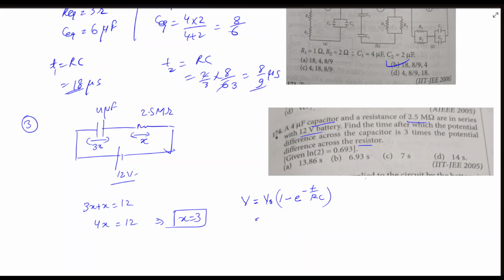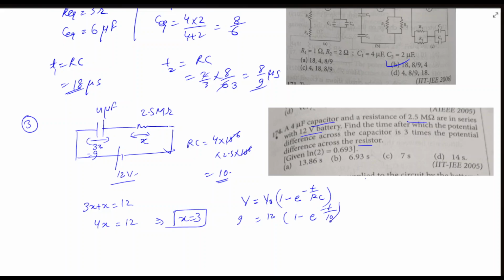Okay, so V naught is 12 and V becomes 9, right? So this 3x is 9. So it will be 9, 1 minus e to the power minus t by RC. So R and C will multiply. So RC will get 4 into 10 raised to the power minus 6 into 2.5 into 10 raised to the power 6. So it will be what, 10?